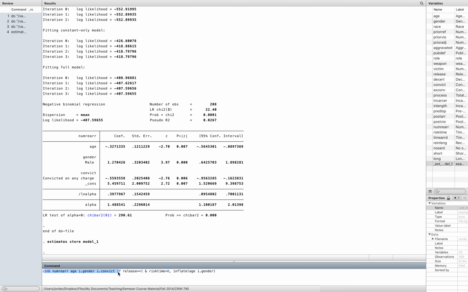I hope that makes sense. Let me try it again. Okay? So the logit part of the model predicts the membership in a certain zero category. That's the logit model of it.